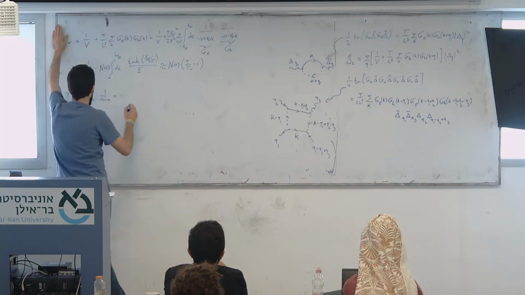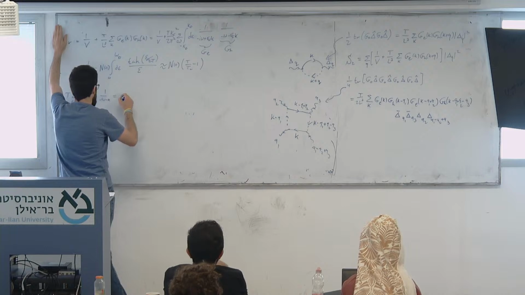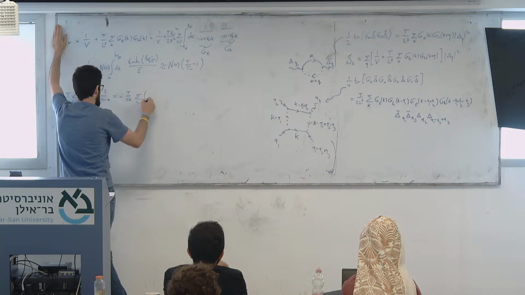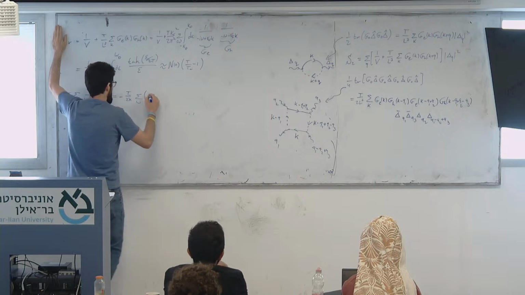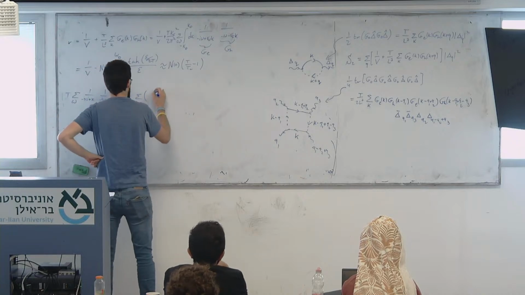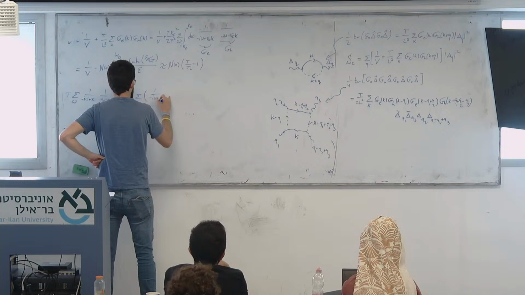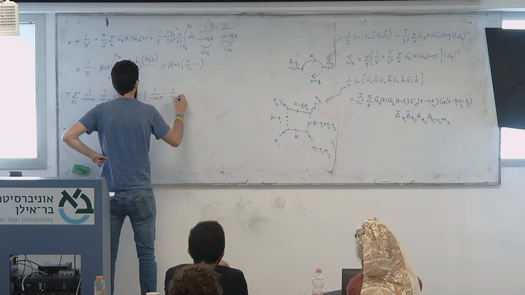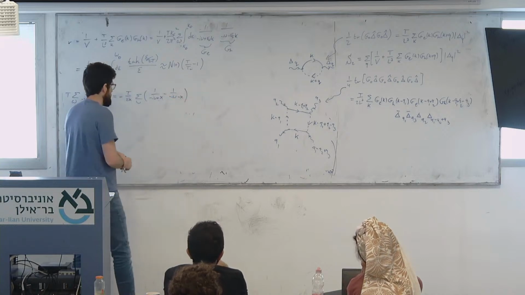This thing is equal to minus T over 2x, right? Sum over omega, 1 over minus i omega plus x, minus i omega minus x.